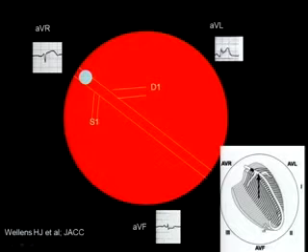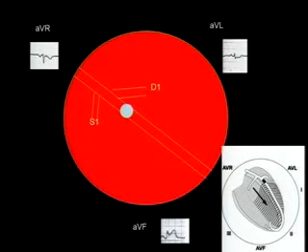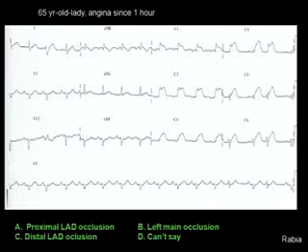On the other hand, the lead facing the inferior surface of the heart, like AVF, will show you ST depression. And exactly opposite is the distal LAD occlusion, where AVF will show you ST elevation, because now the base is spared and the infarct vector now points towards the apex and the apico-inferior area.